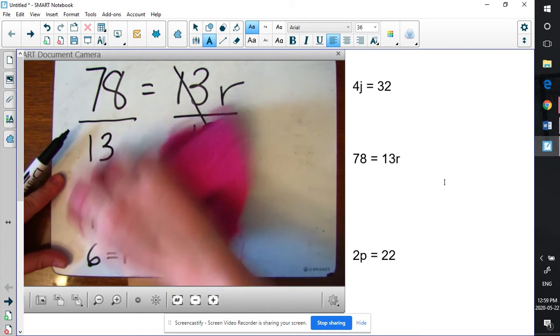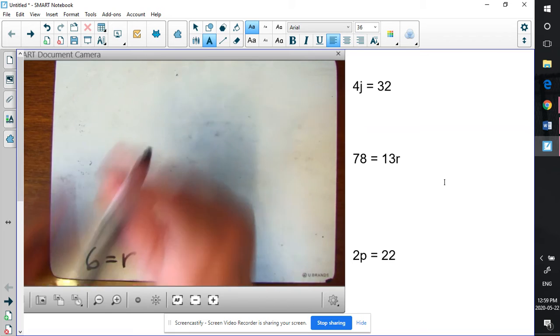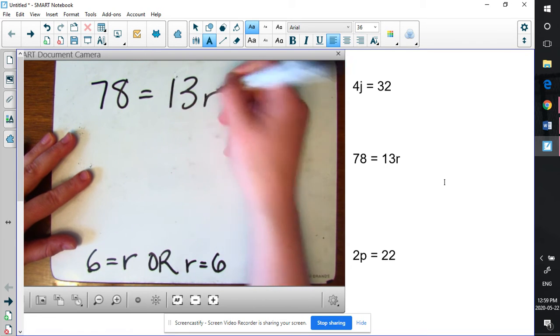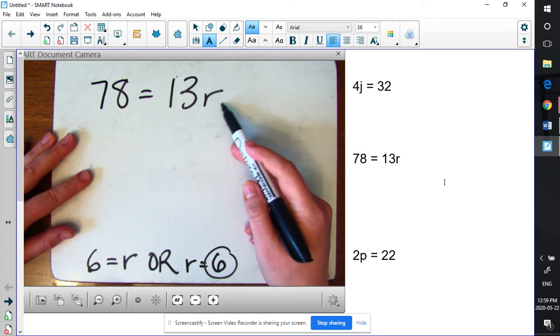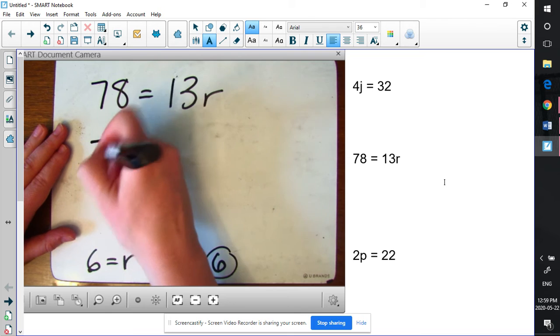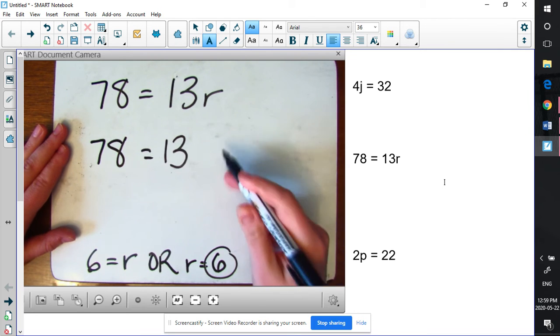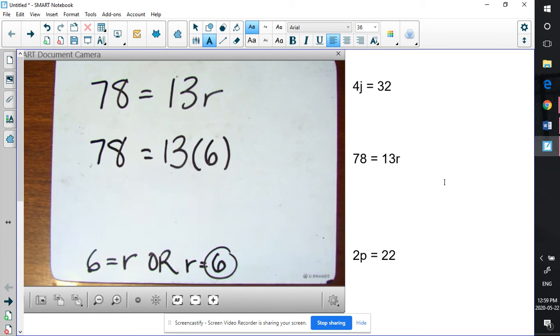Now let's go back and let's check it. So let's make sure our answer is right. So I'm going to rewrite the original equation, 78 equals 13r. And then I'm going to take my answer of 6 and I'm going to substitute it in the place of my variable. So I'm going to do 78 equals 13. Now remember, when we substitute, we put it in brackets. So equals 13 bracket 6.